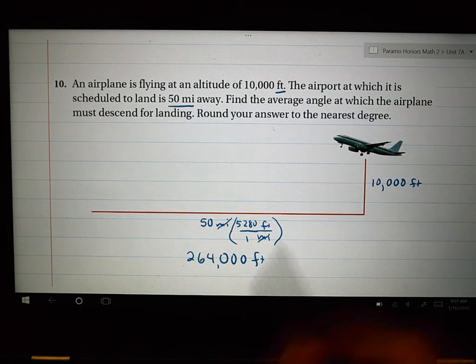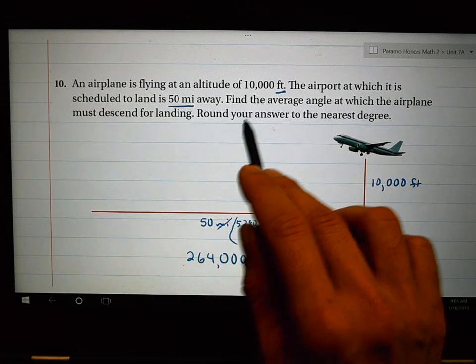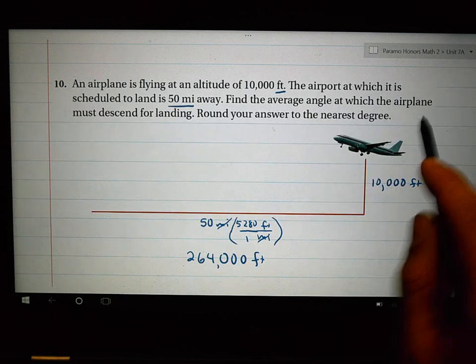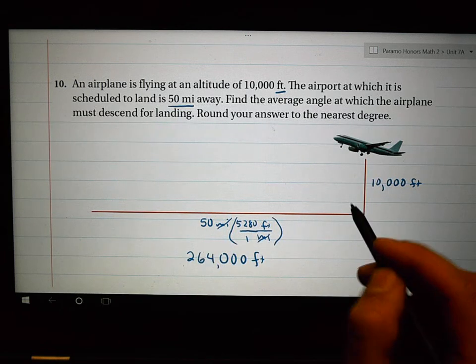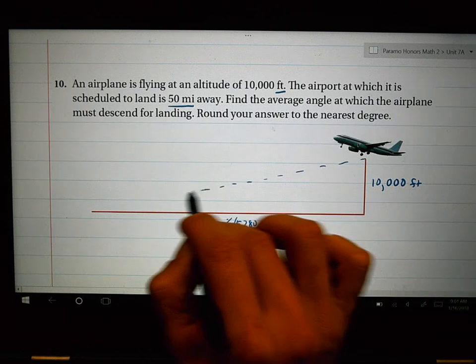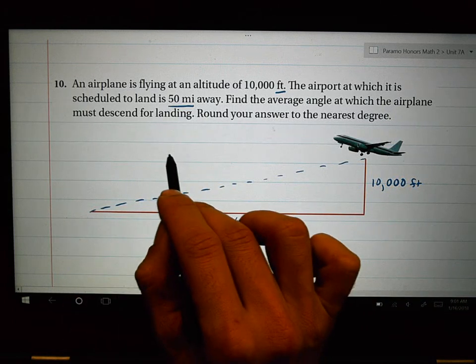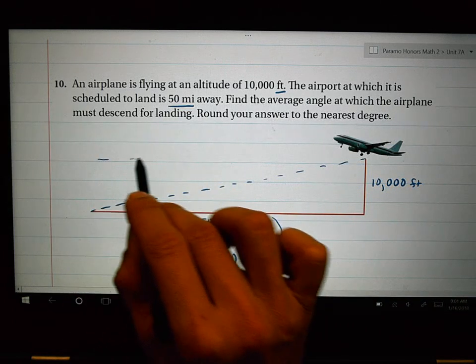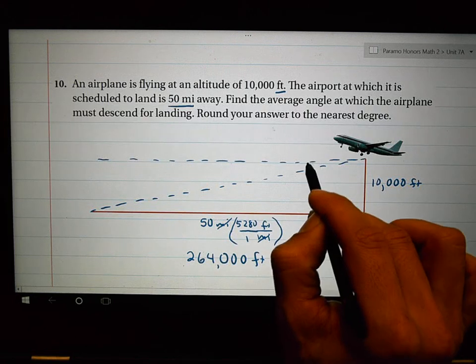The airport is scheduled to land. Find the average angle at which the plane must descend. Now, what does that mean? That means that if I think about it, what we're trying to find is the angle of depression. We're trying to find this.